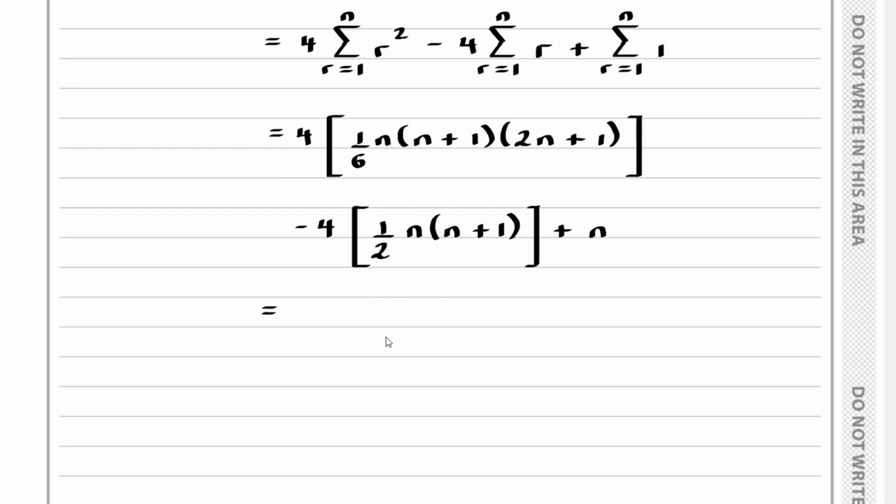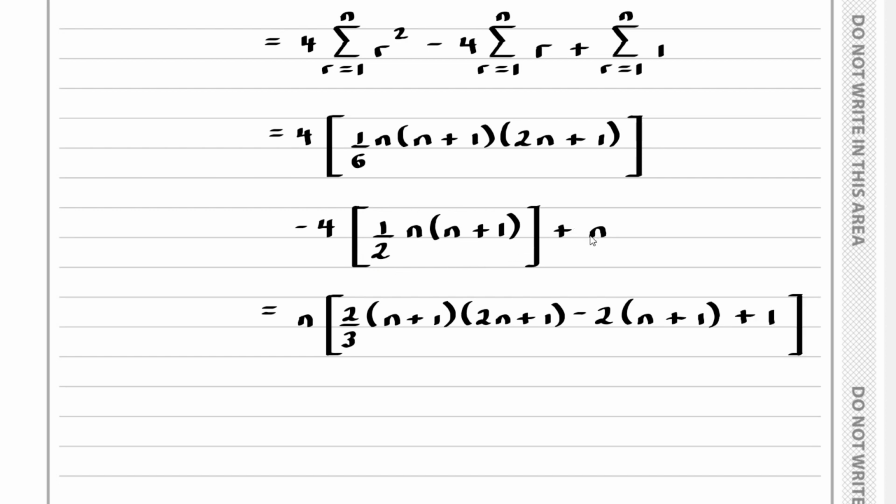Continuing to work this out, if I factorize out an n, inside the bracket I've got 4 times 1/6, which is 2/3, multiplied by (n plus 1) times (2n plus 1). Then I subtract 4 times 1/2, which is 2, multiplied by (n plus 1). And because I've factored out an n, I add on 1.